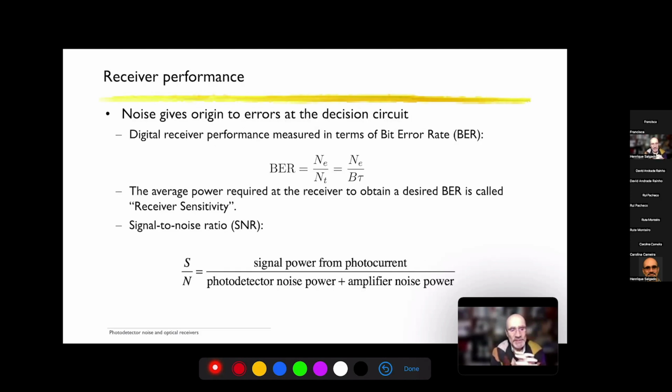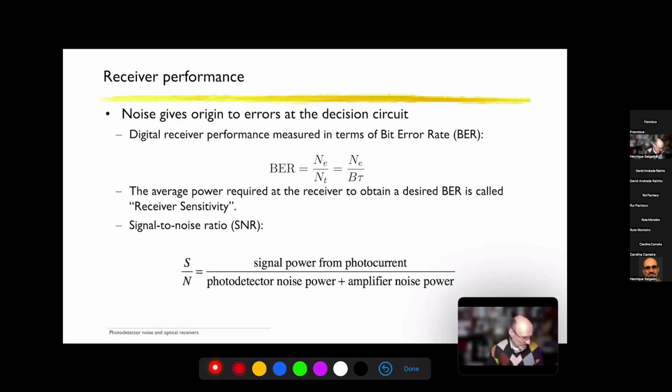But since noise is added at the receiver to the signal, this may give origin to errors in the decision circuit. And the performance of the receiver can be measured in terms of the bit error rate, which is defined as the number of errors being received over the total number of bits being transmitted.